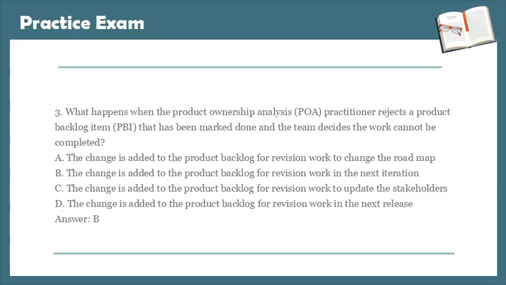B. The change is added to the product backlog for revision work in the next iteration. C. The change is added to the product backlog for revision work to update the stakeholders. D. The change is added to the product backlog for revision work in the next release. Answer: B.